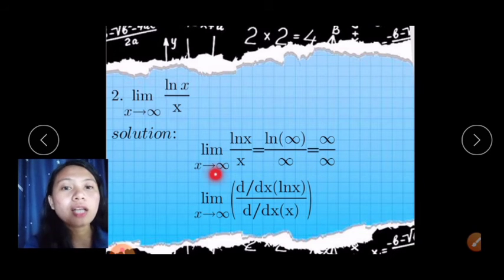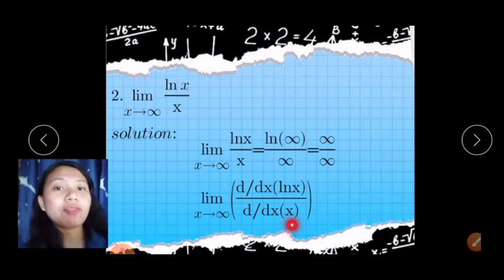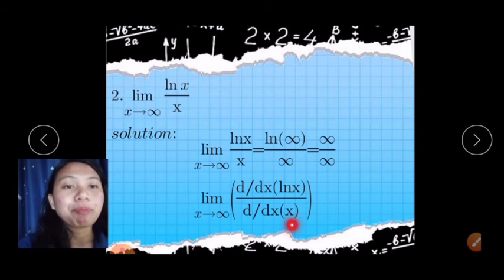So when we substitute x with infinity in our given, we have an answer of infinity over infinity. So this is a type of indeterminate form. So now we need to use L'Hopital's rule to get the final value of our given.